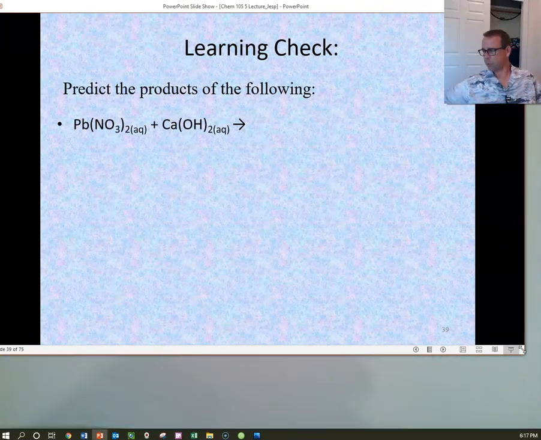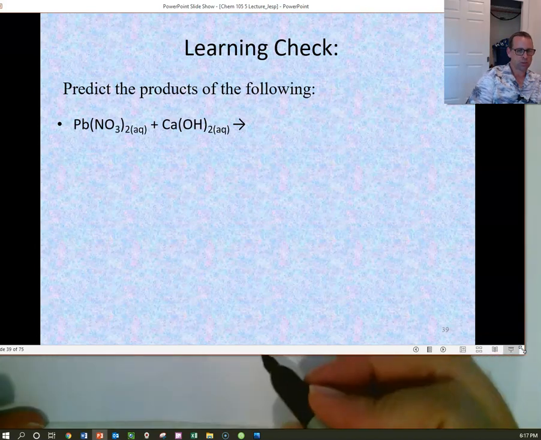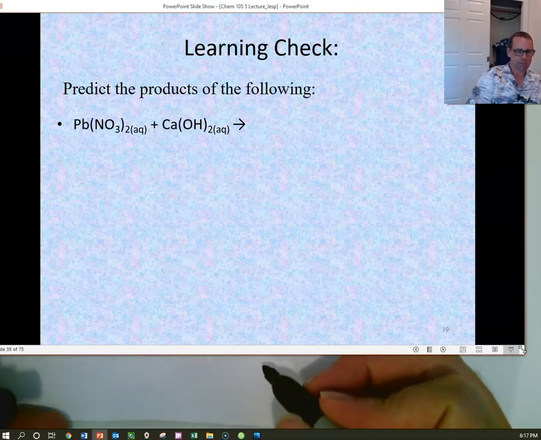Very good. And now we have to see if it's soluble. Let's write down the products for this reaction first. Okay, that's okay.